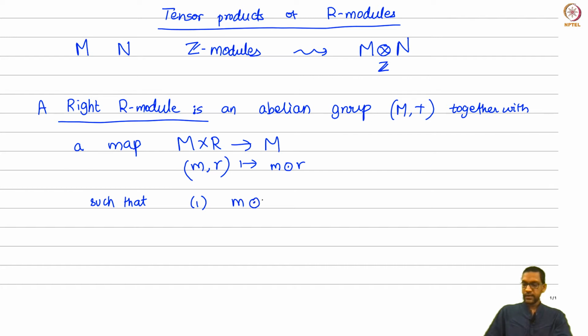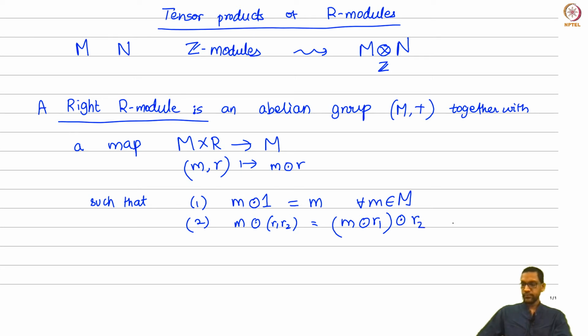M acted upon by 1 on the right gives you M. M acted upon by R1R2 gives you M·R1 followed by R2.